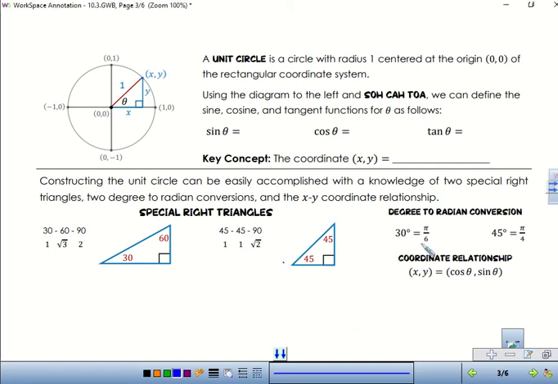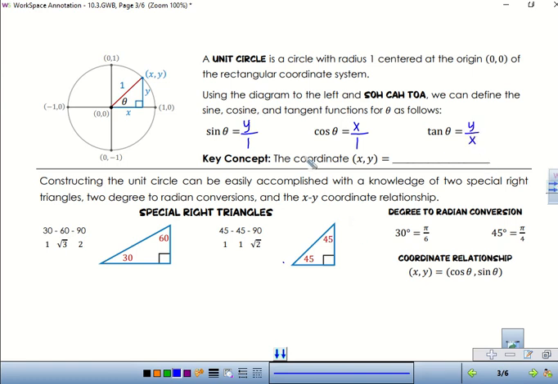So we know that sine is what over what? Good. In this case, opposite is y, and the hypotenuse is 1. And cosine is what over what? Good. And we know that tangent is what? Good. Opposite over adjacent, or y over x.